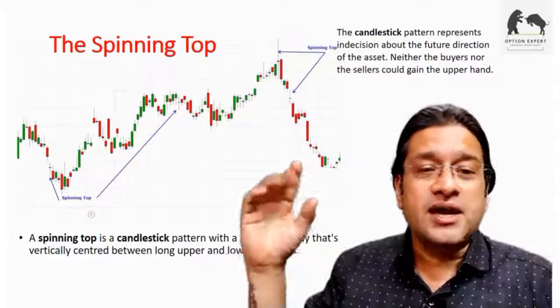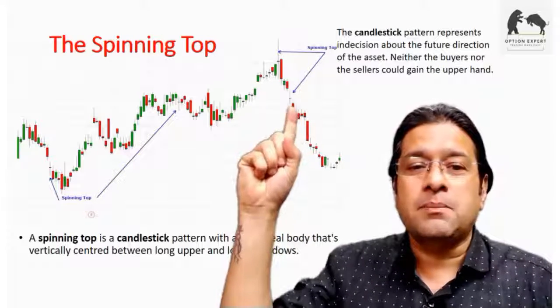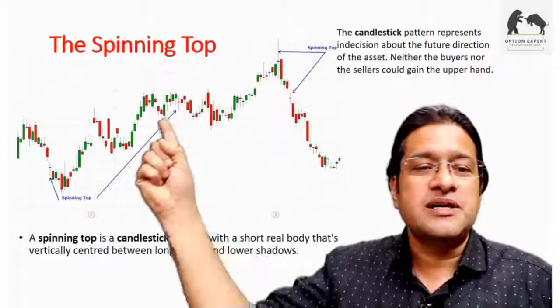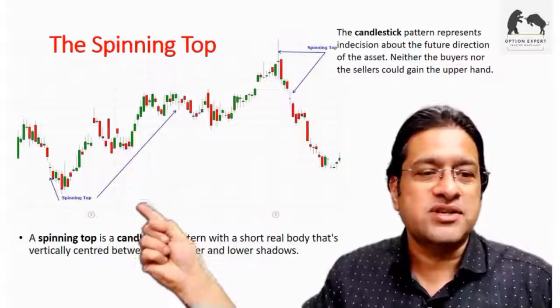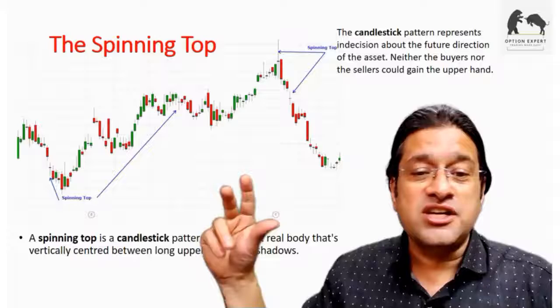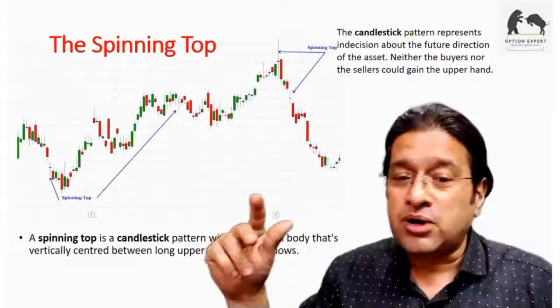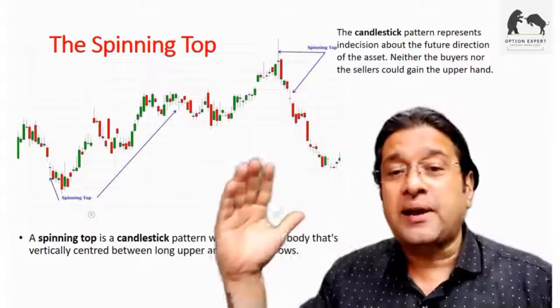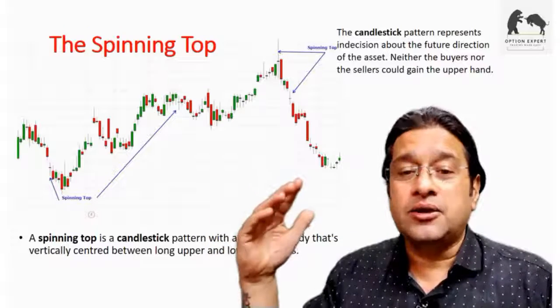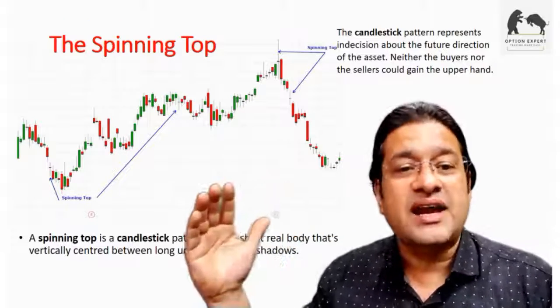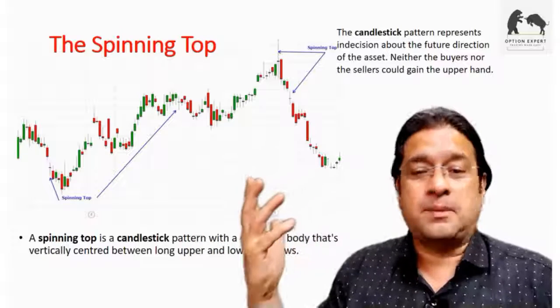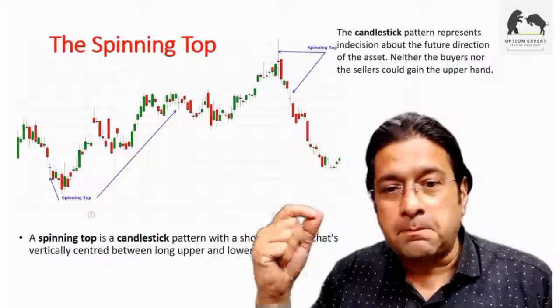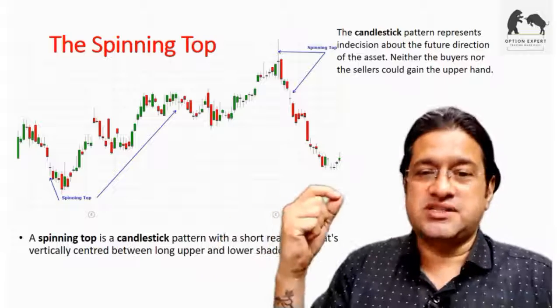As you can see here, there are multiple examples throughout. It can happen at the bottom, it can happen at the top. The subsequent candles will decide whether the pattern sets a weaker sentiment or a strong sentiment.